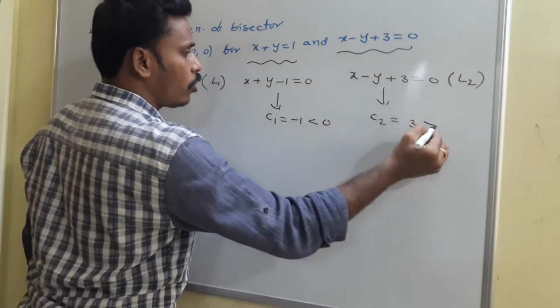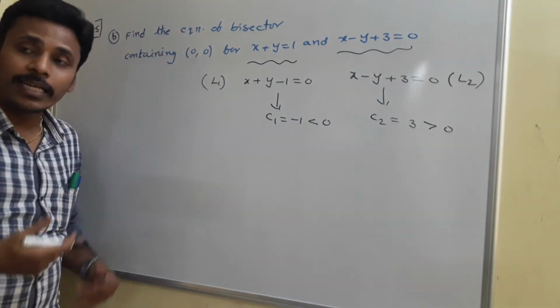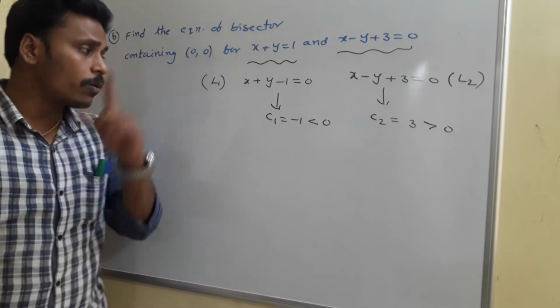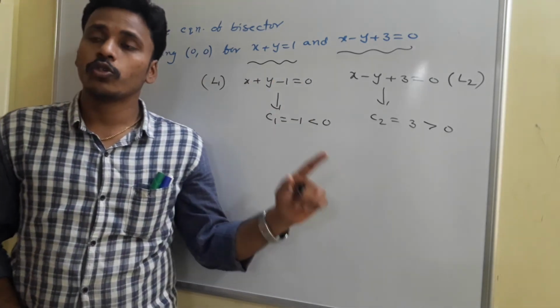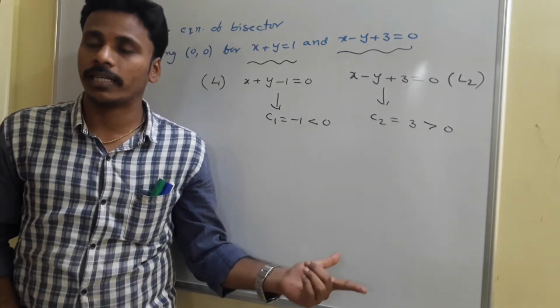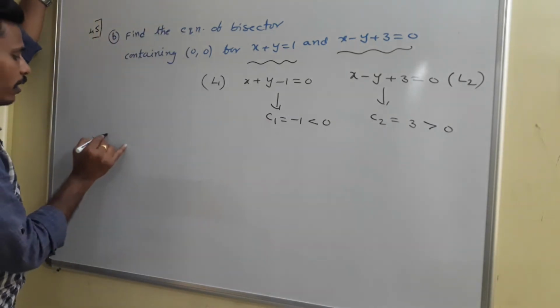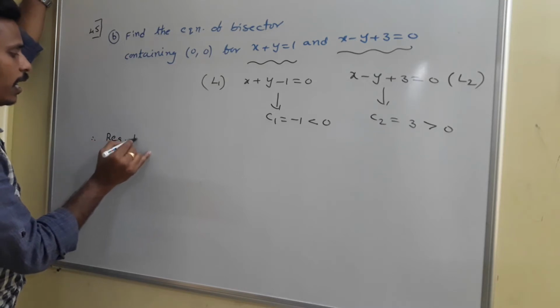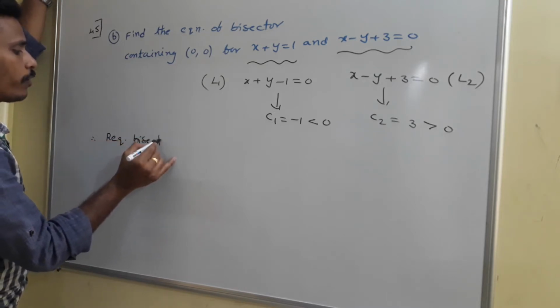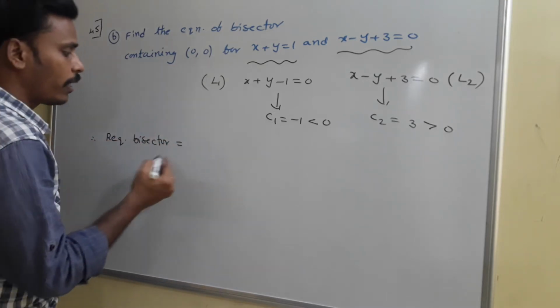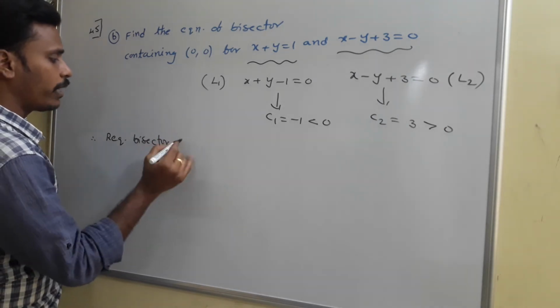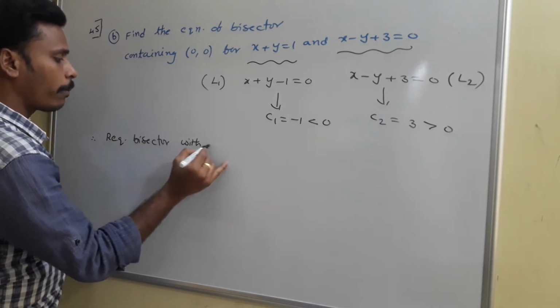C1 is less than 0, C2 is greater than 0. Then it directly suggests that one is negative and the other is positive. So the required bisector is the bisector with the minus sign. Therefore, the equation of the bisector containing the origin is with minus sign.